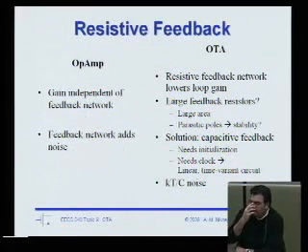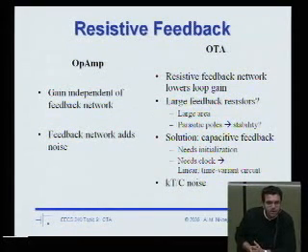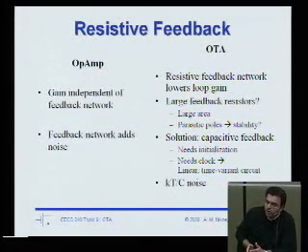Here's another couple of issues. One of the nice things about an op-amp is that the internal gain of the op-amp is independent of the feedback network, right? That's in fact why we use a buffer, so that when you put resistors in the feedback network, you don't load the internal nodes. That buffer is protecting the internal nodes of the amplifier.